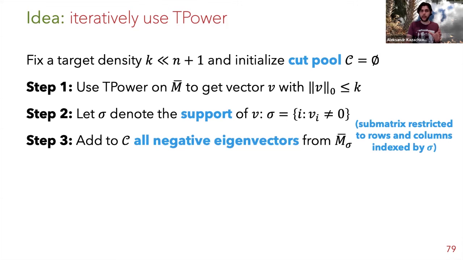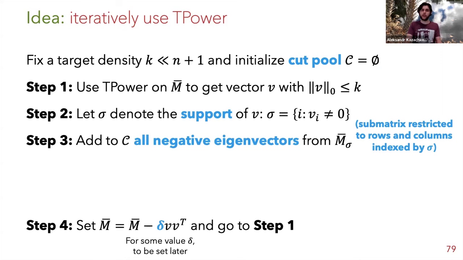We'll look at that support and look at the matrix indexed by those rows and columns of that support, and then actually get all negative eigenvectors from that. And then we will update M bar. This is all in one iteration, by subtracting that VV transpose that we get from the original M bar, with some parameter delta that we set computationally. And we go back to step one with a new M bar.